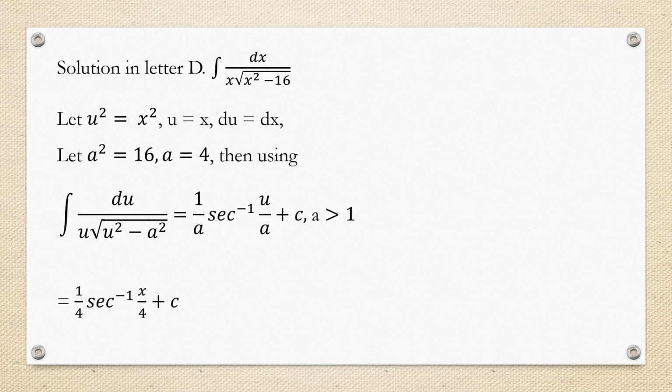Using this, instead of writing 1 over a, we have the value of a, which is 4. So we have 1 over 4 inverse of secant. The value of our u is x, and a is equivalent to 4. So we have 1/4 inverse secant of x over 4 plus c as our answer for letter D.